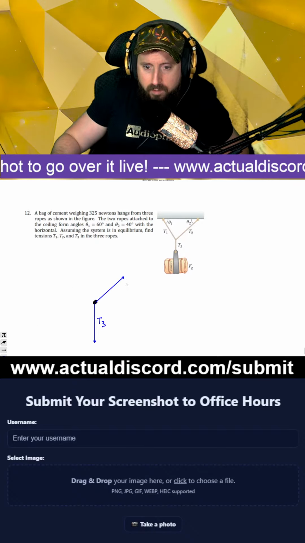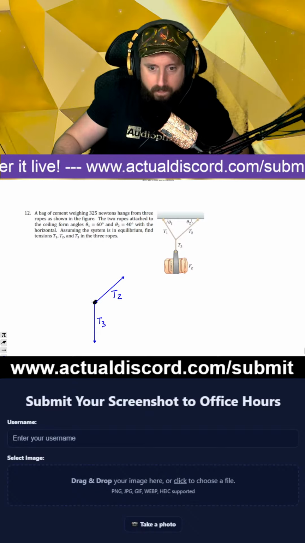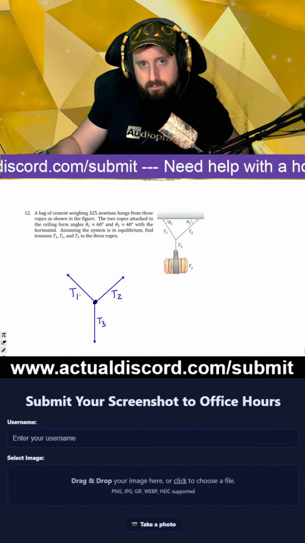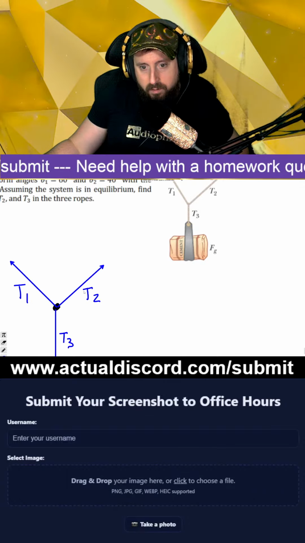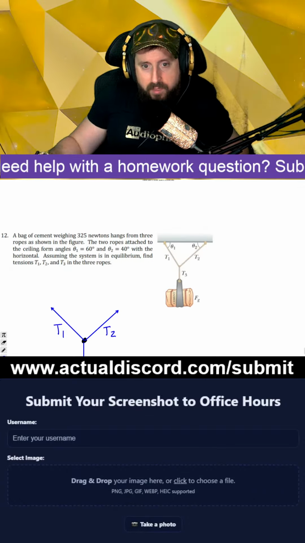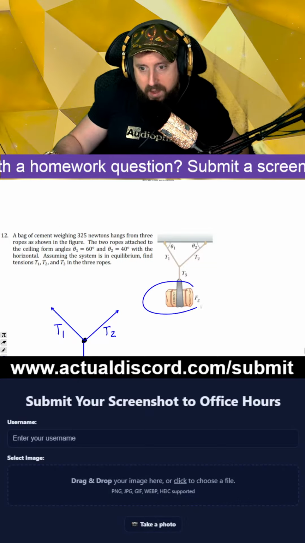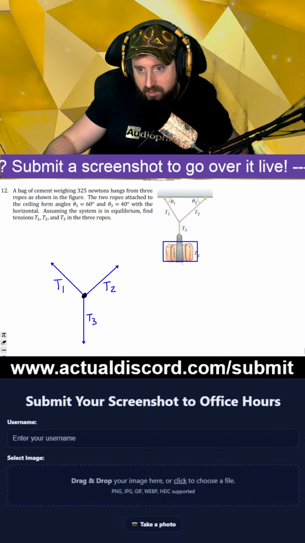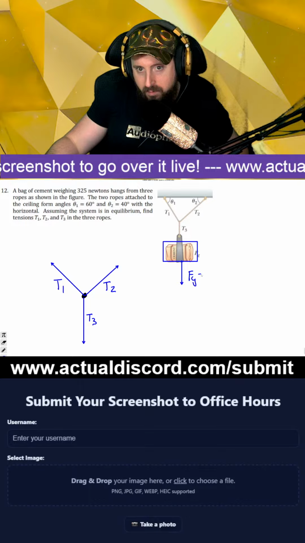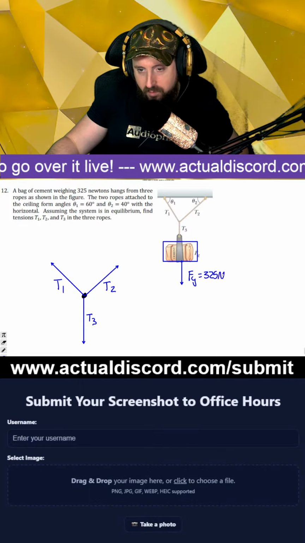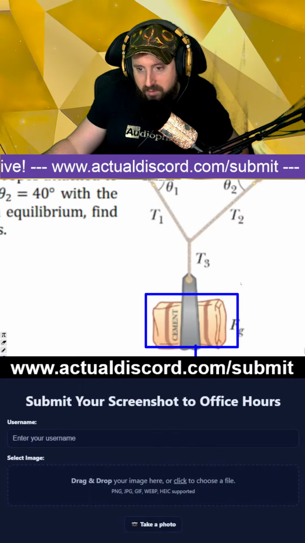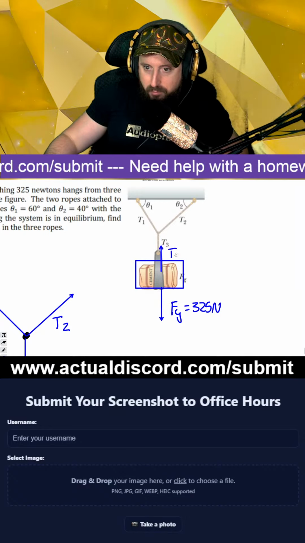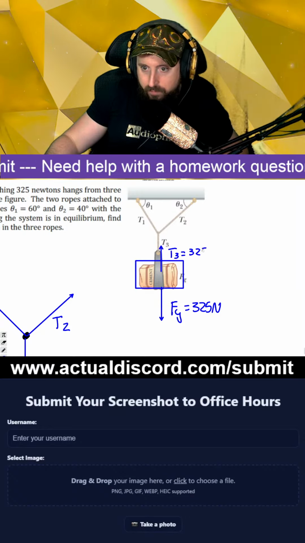And then this is T2. And then this is T1. Okay? Now, we know that the bag of cement weighs 325 newtons. So, looking at the cement, if that has a force of gravity equal to 325 newtons, then in order for it to stay in equilibrium, we need T3 on the bag to also equal 325 newtons.